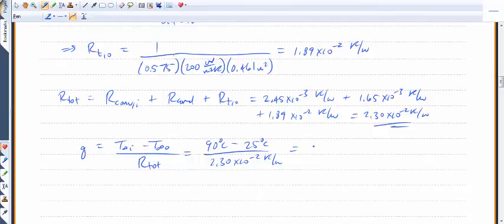And this ends up giving us a value then of 2,830 watts. And since this is applied over 1 meter of pipe, then we can say that this is 2.83 kilowatts per meter, which we can then write as Q prime.